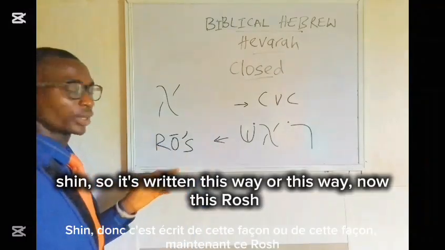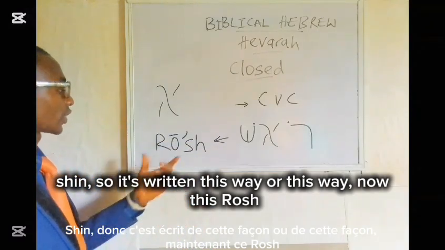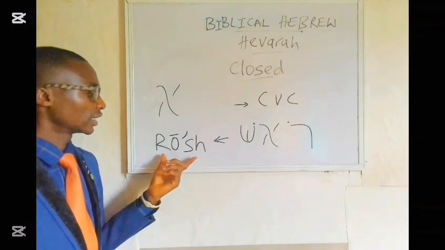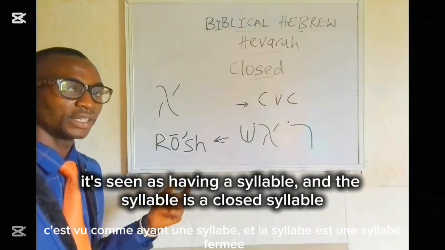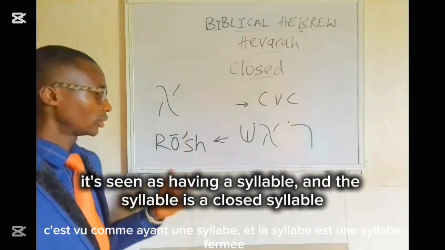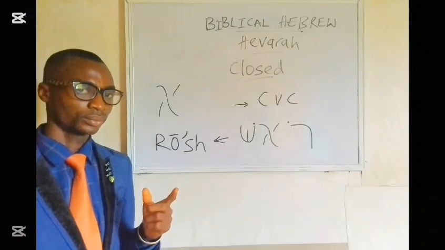So it's written this way or this way. Now, this rosh is seen as having a syllable, and it is a closed syllable.